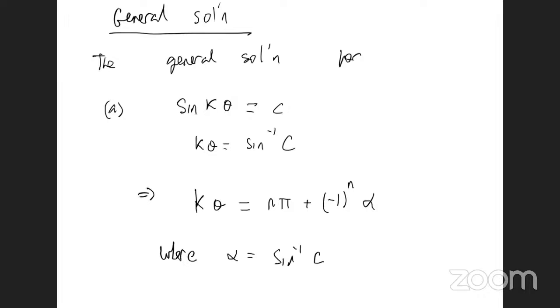If you want to make it look nicer, theta is equal to n pi plus minus 1 to the n alpha, all over k. That is your general solution, and I want to show you how to use it. That will give you any solution you need for sine.